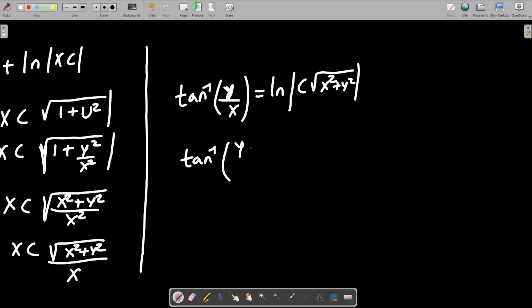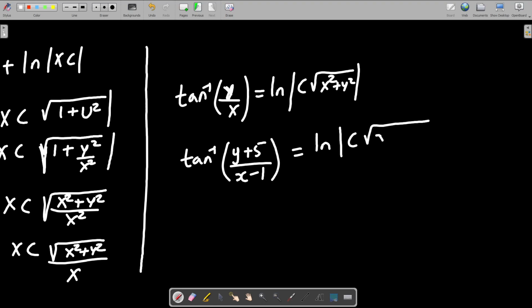Capital Y is small y plus 5 divided by x minus 1, right? And ln of this is c root over capital X, which is small x minus 1 the whole square plus y plus 5 the whole square.